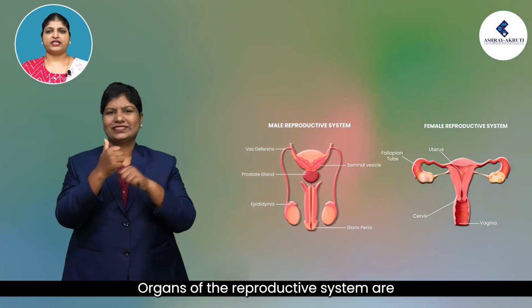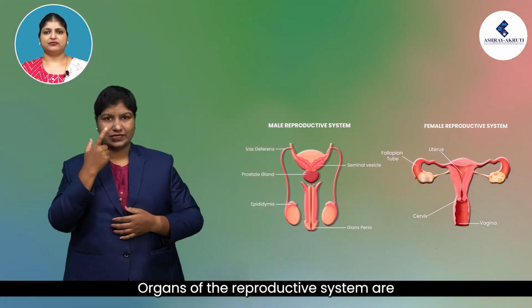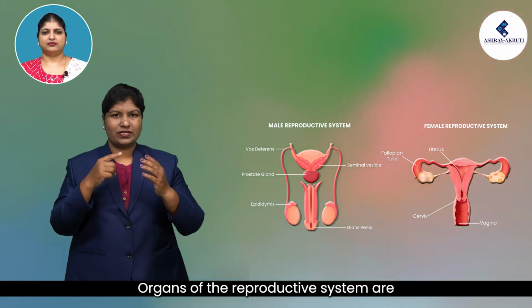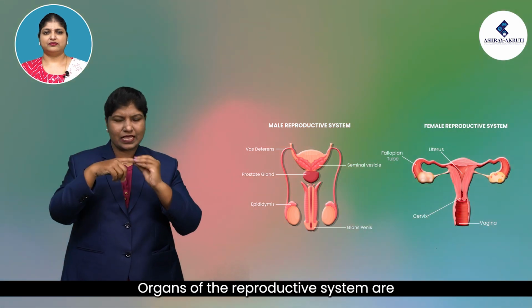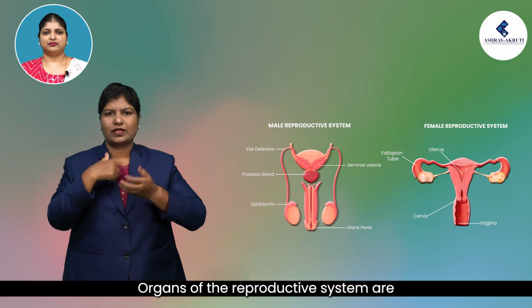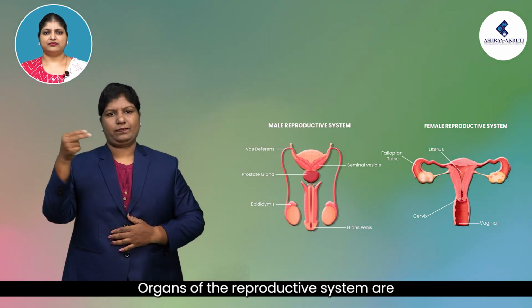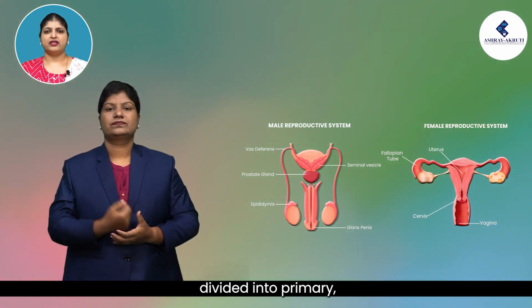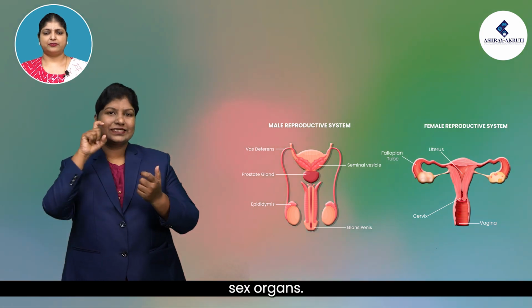Organs of the reproductive system are divided into primary, secondary or accessory sex organs.